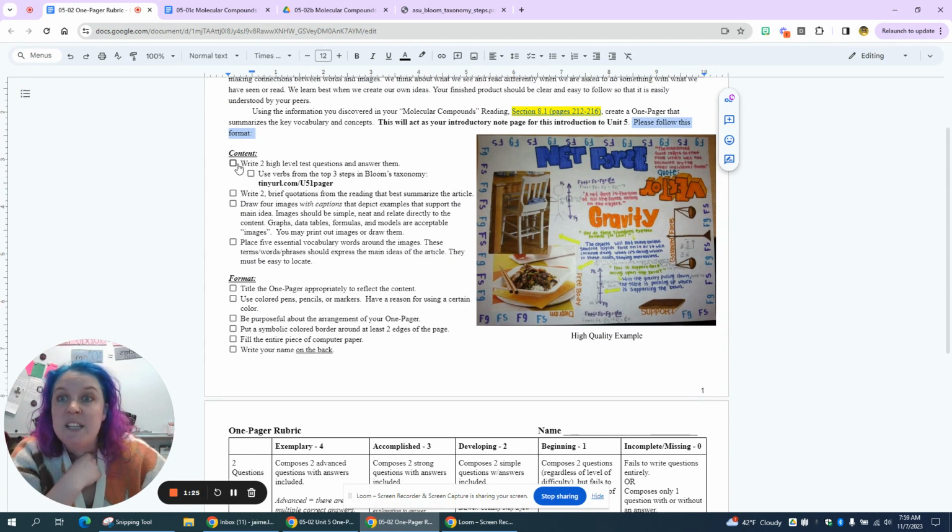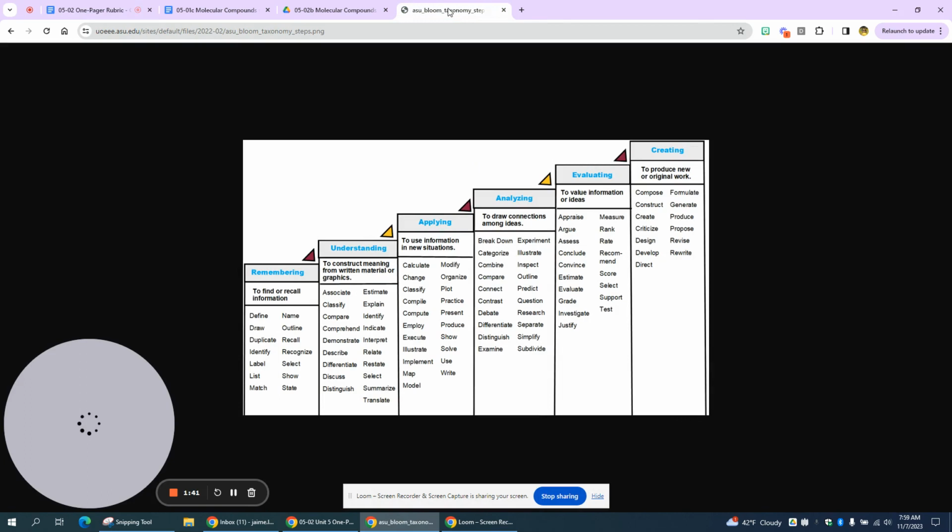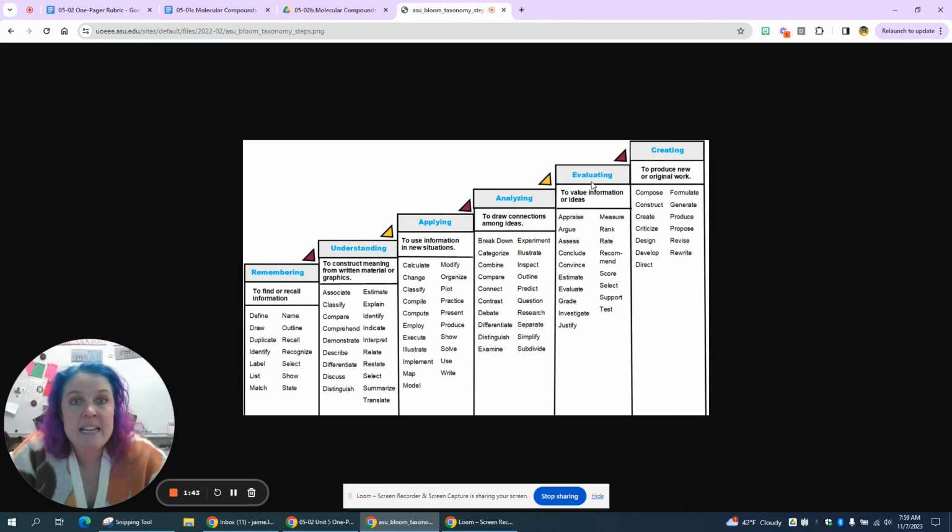So content, you're going to write 2 high-level test questions and answer them. If you're having a hard time with high-level questions, a good trick of the trade is to use verbs from the top 3 steps in Bloom's taxonomy. Use this little tiny URL. This is what it looks like. So analyzing, evaluating, and creating, these are the top 3 tiers of Bloom's, and you can use them as a stepping stone.